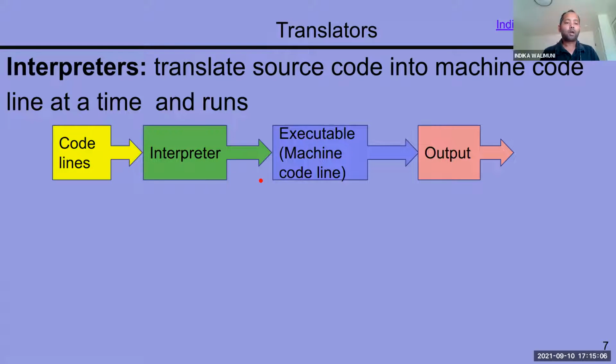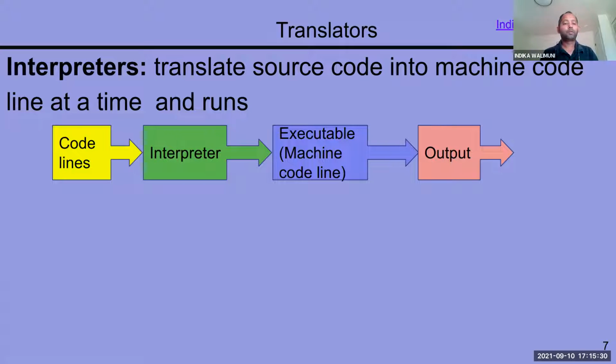We have code lines, we feed them into the interpreter, and this creates executable machine code lines, and then they get executed and we get the output. This is an ongoing process, one line at a time. It runs and we get to see the output.